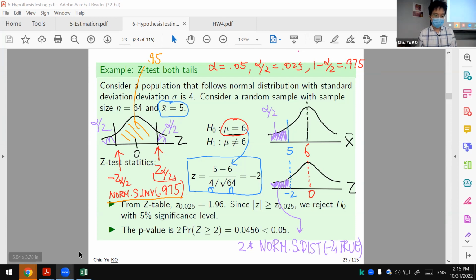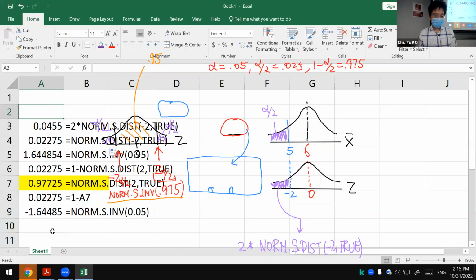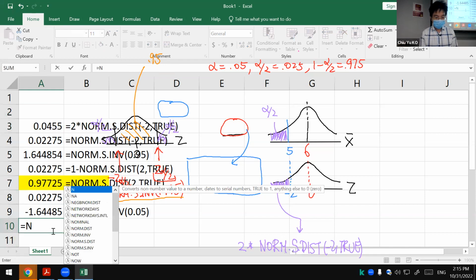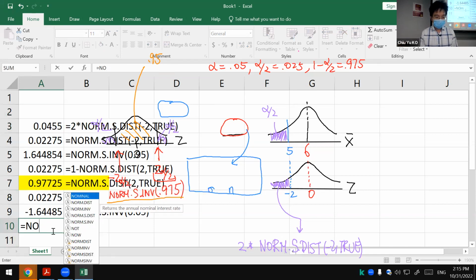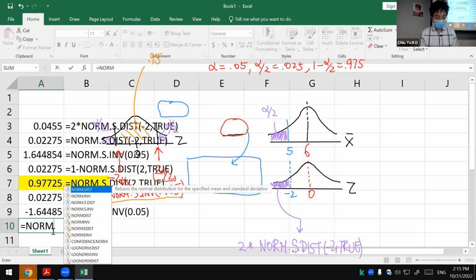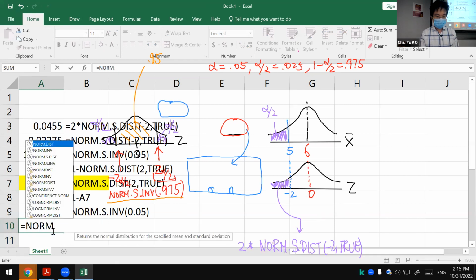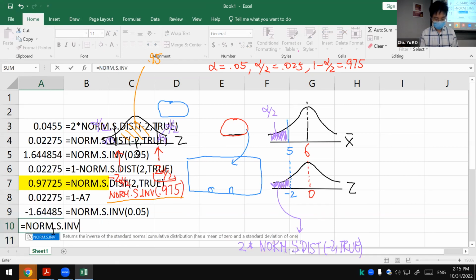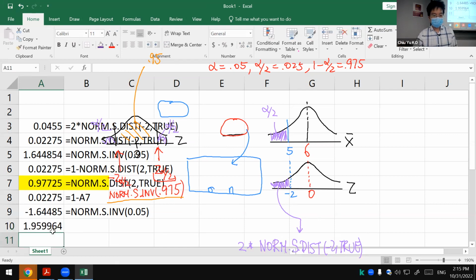So the last operation is norm.s.inv of 0.975, which is 1.96.